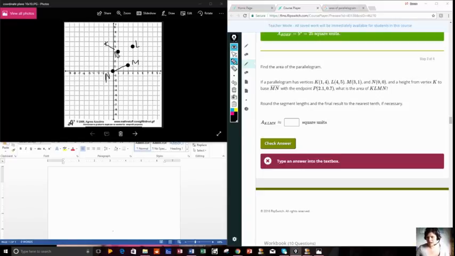Alright, it is saying that I have from the vertex K to MN, and it is at (2.1, 0.7). So like right there. Whoops. That's the height.